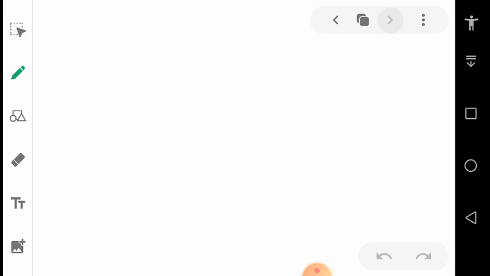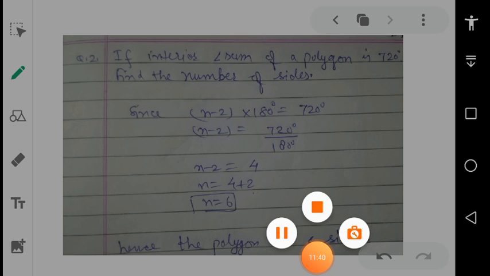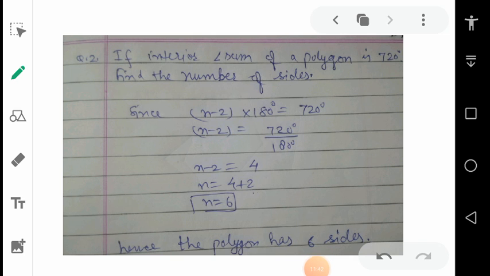All right, the next question is also related to the formula. If the interior angle sum of a polygon is 720 degree, find the number of sides. Here we are not given the number of sides. The angle sum of the polygon is given and we will find the number of sides.